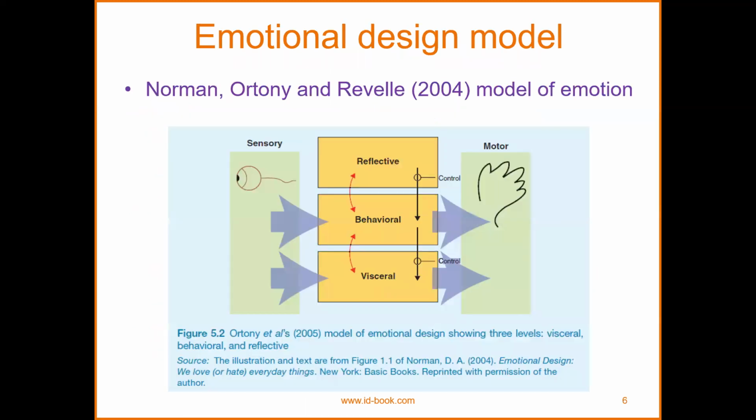So we all know that emotion is very important. In the emotional design model, we have Norman, Ortony, and Revelle's three-fold model of emotions. We have the sensory followed by the motor. So this could talk about the reflective, behavioral, and visceral levels, or what we call the controls, on how we control through what we call the sensories.